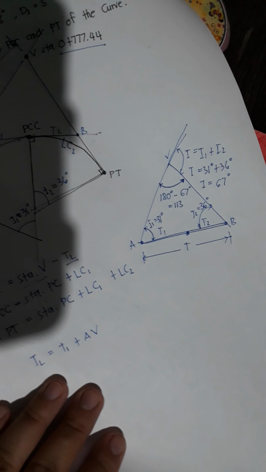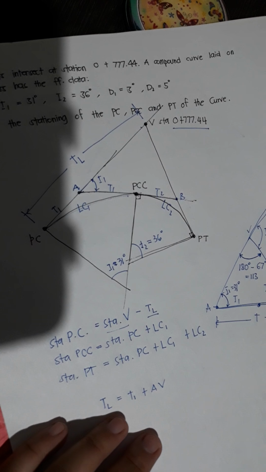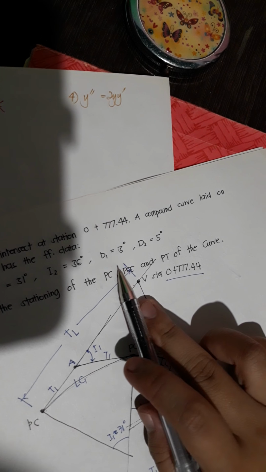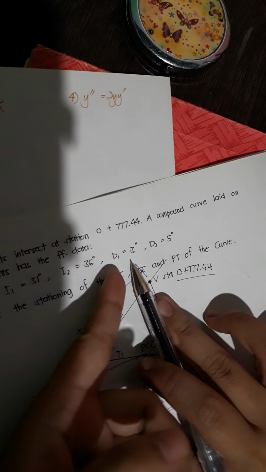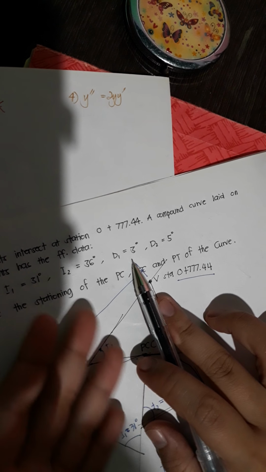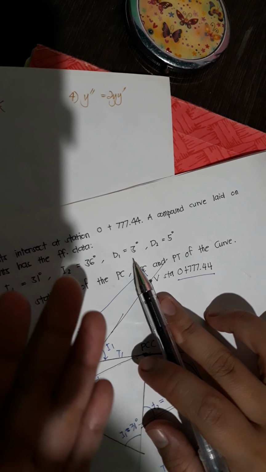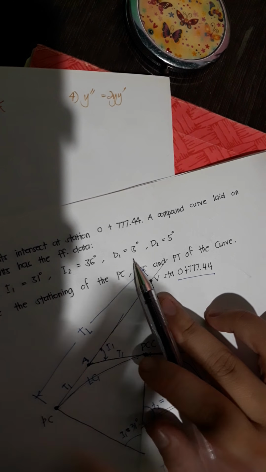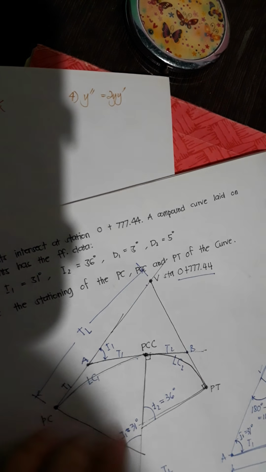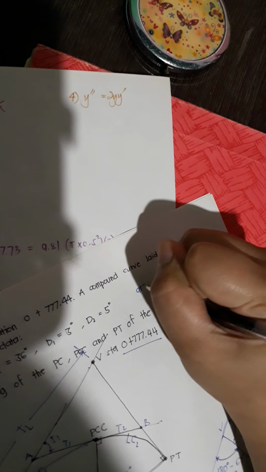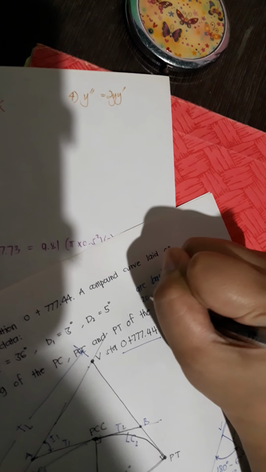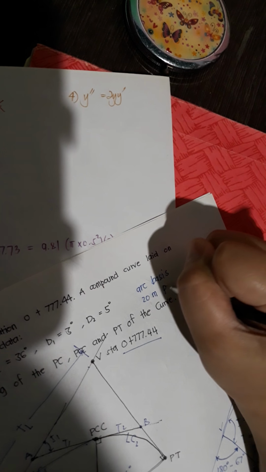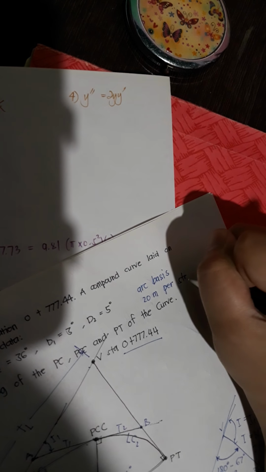Now, what else is given? The D. It was not stated if the degree of curve is arc basis or 20 meter station. So if it's not stated, automatically we use arc basis and 20 meter distance per station.